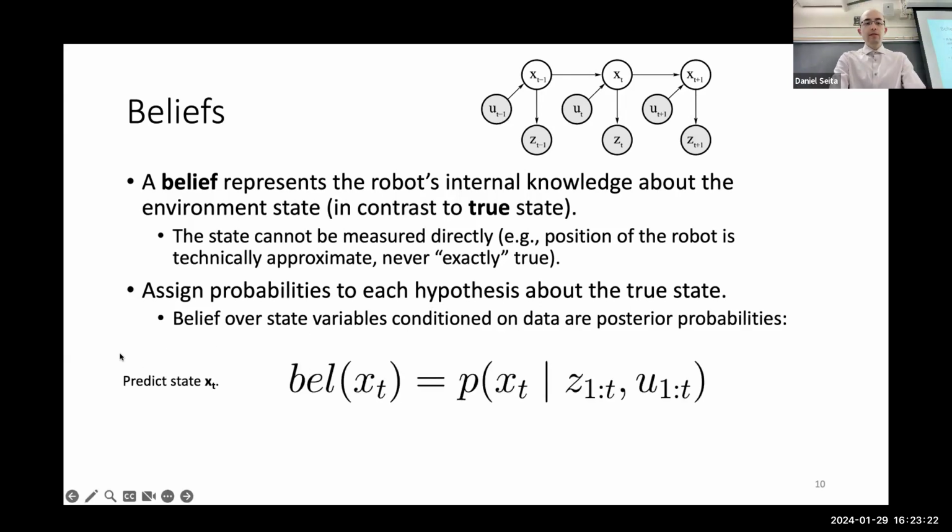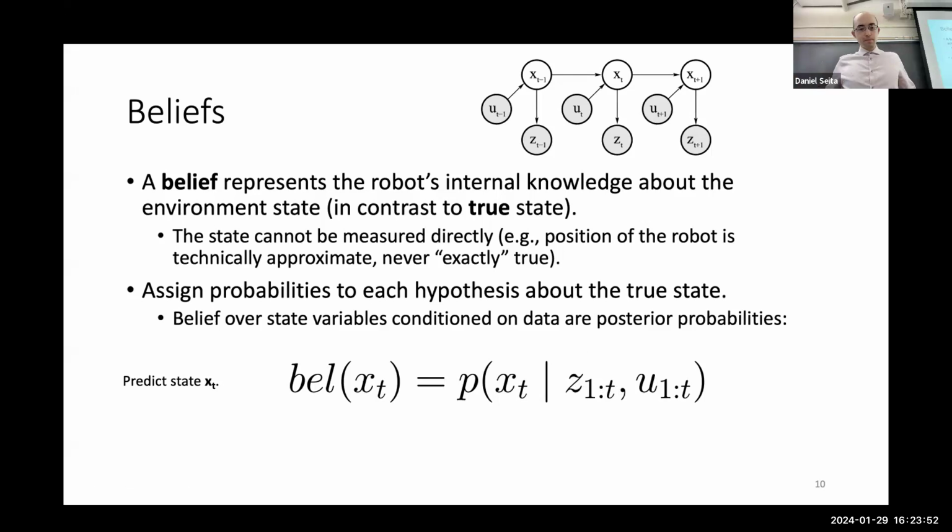Some of the notation that we'll be using today is this belief term. We'll use bel to denote belief. But if you want to think of it as a probability instead, you can do that as well. It's the probability of state xt conditioned on all the prior sensor readings and all the prior actions that the robot took.